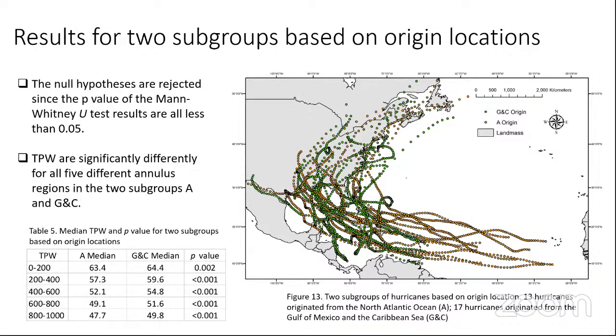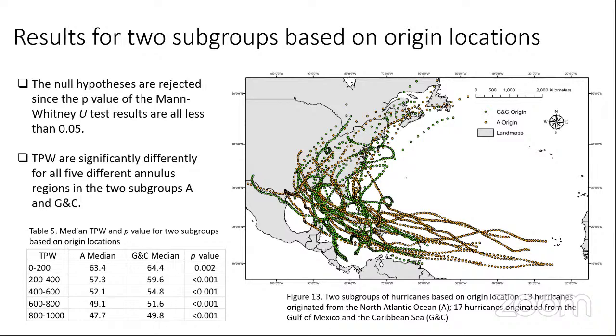And through the MSWEP test to examine their moisture for their whole life cycle, the null hypotheses are rejected since the p-values of the MSWEP test are all less than 0.05.